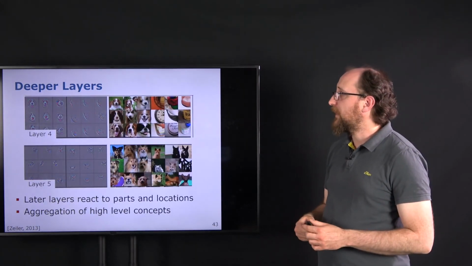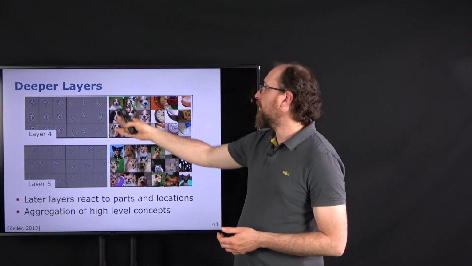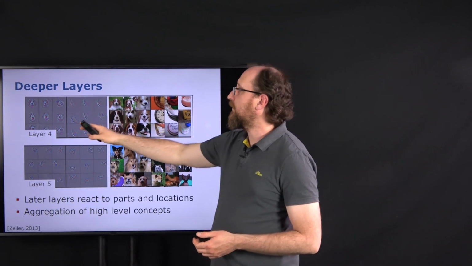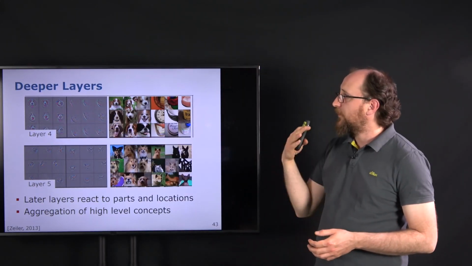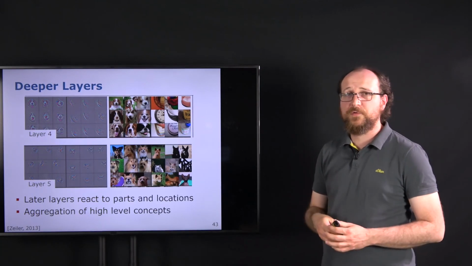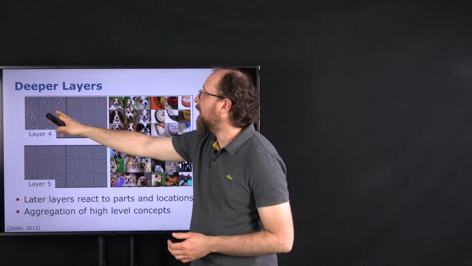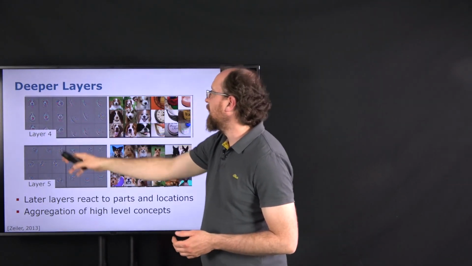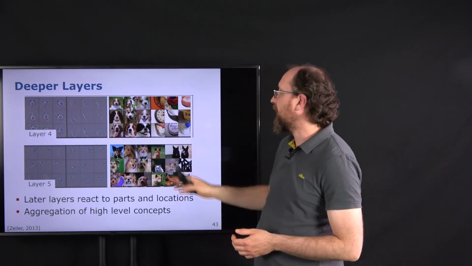And when you're then moving up, you may get something like this. So you pass in these images here, and you will see that certain neurons, or certain kernels in the convolutional layer, are reacting to the dog faces here in this case, or these boundaries and this text and so on.